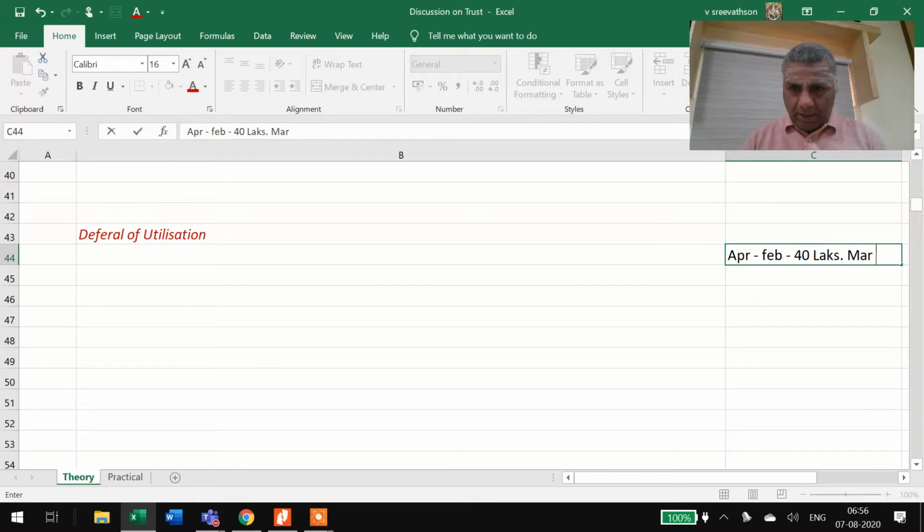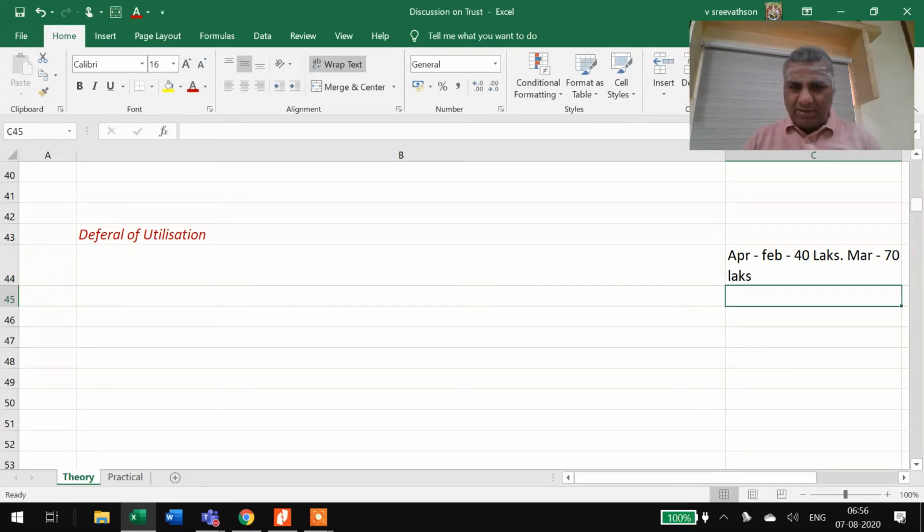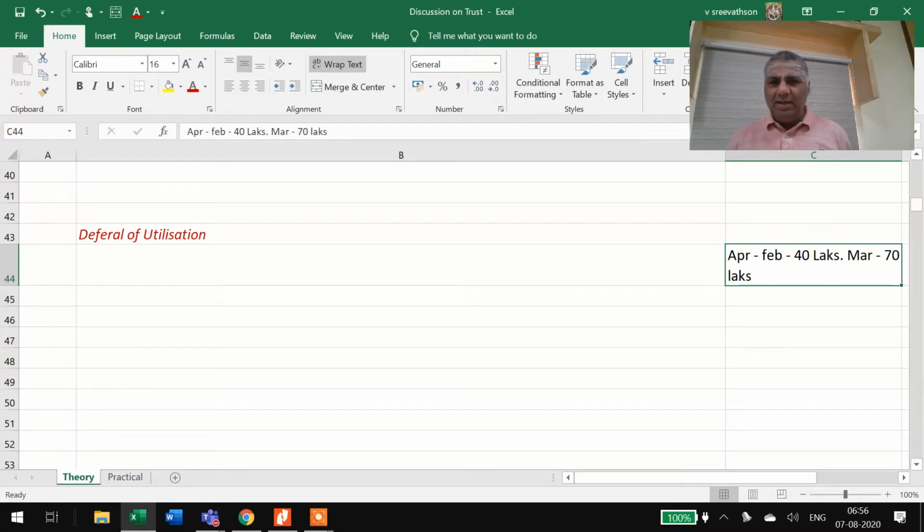In the month of March, my income will be 70 lakhs. For the trust, I am saying, 85% of 70 lakhs I should spend before March 31st. My utilization should be 85%.